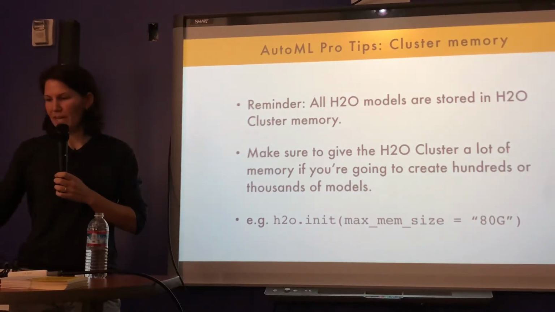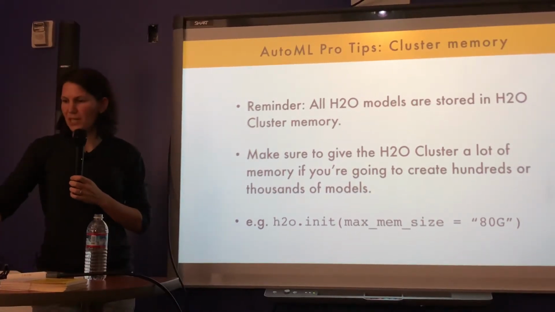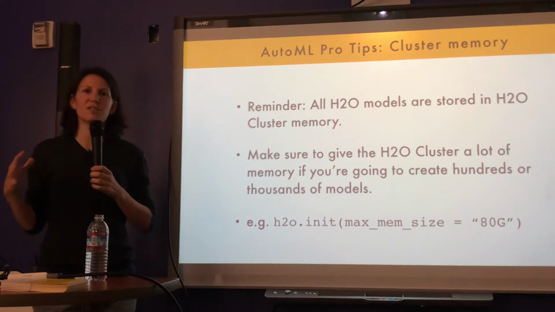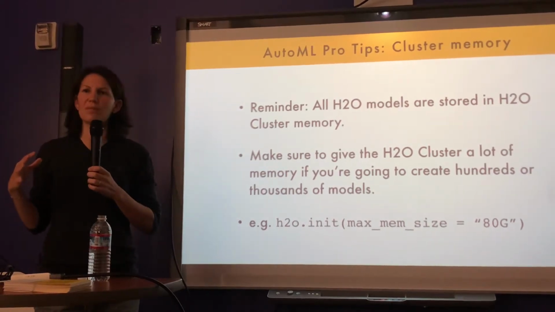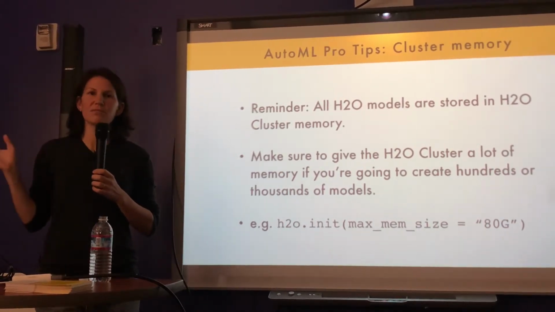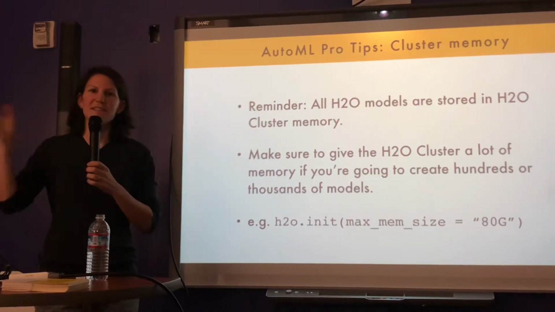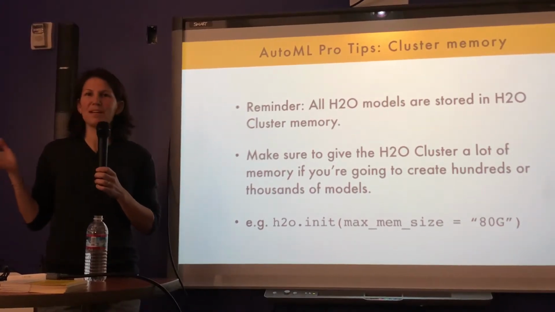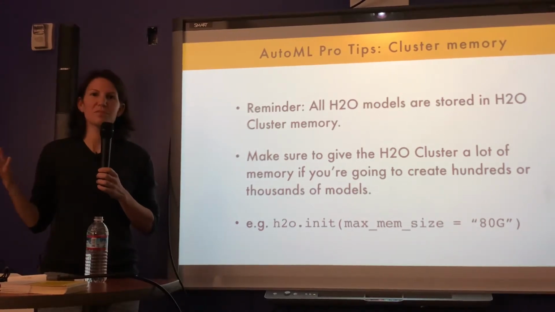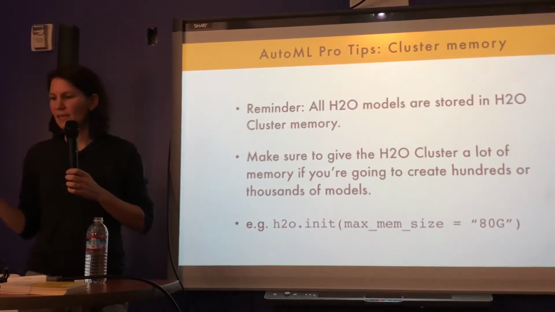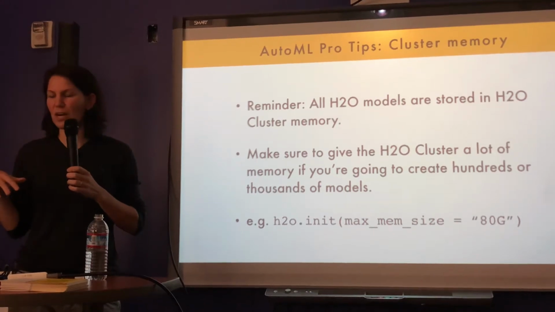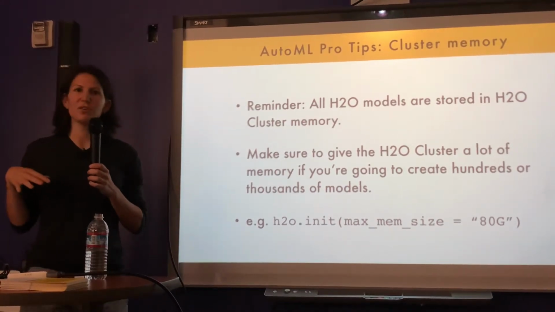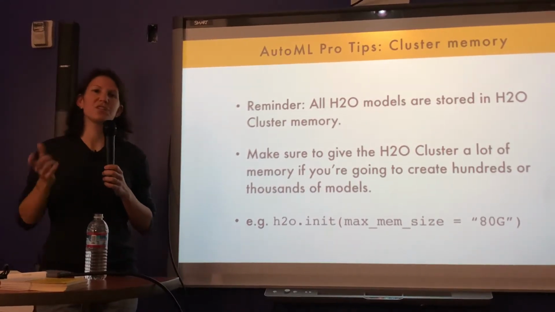And then just a reminder that all the H2O models are stored in the H2O cluster memory. So if you are going to run it for 2 days or something and train 1 million models or whatever, you need to have enough memory to store all those models. And we just made a change where by default we don't store the cross-validation models anymore.